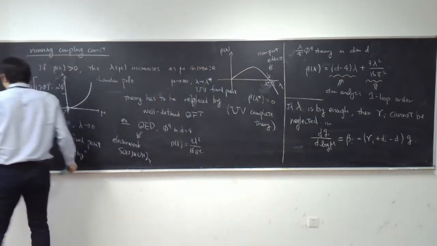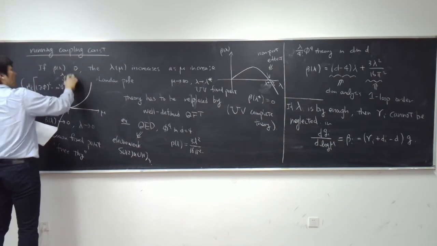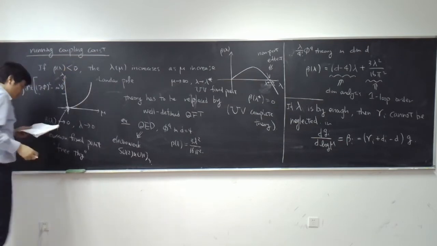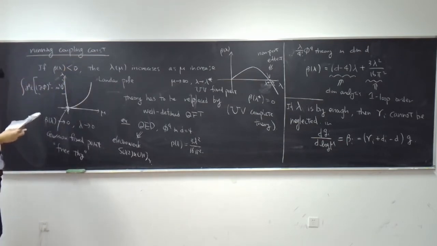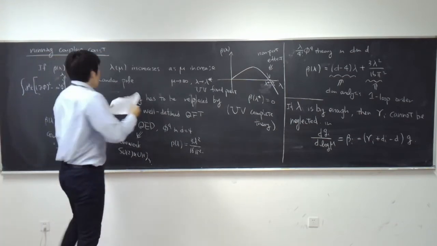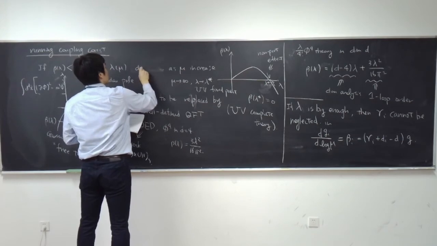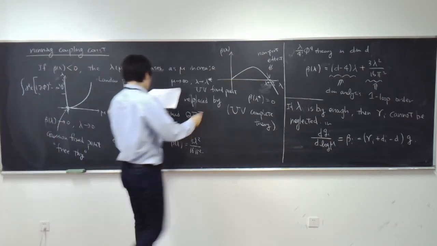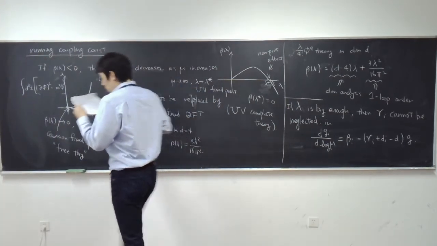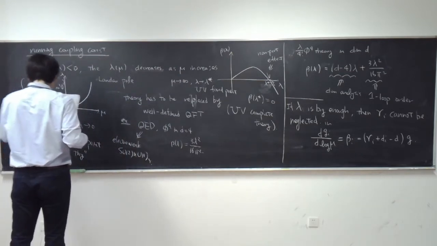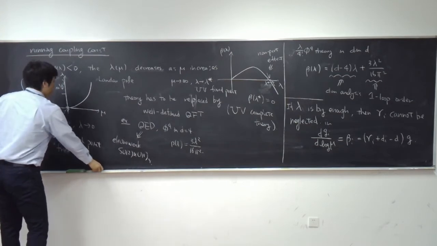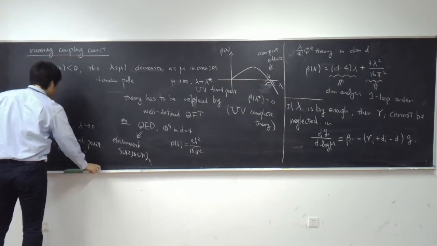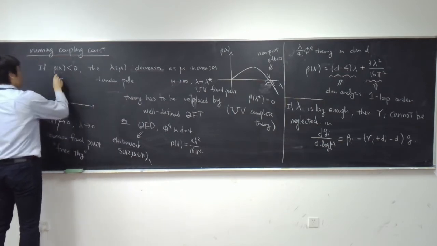And suppose you have the opposite case, where the beta function is negative. Then lambda decreases as mu increases.